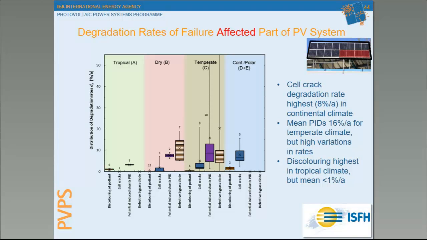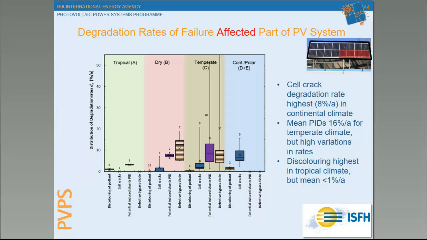Now, if we try to put this data into our different climatic zones, it is interesting to see that the cell crack degradation rate with 8% is highest in the moderate or continental climate, while PID, 16%, is true also for temperate and moderate climate, but still with very high variations, as you can see.